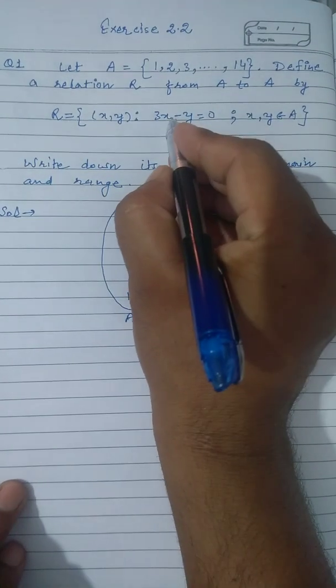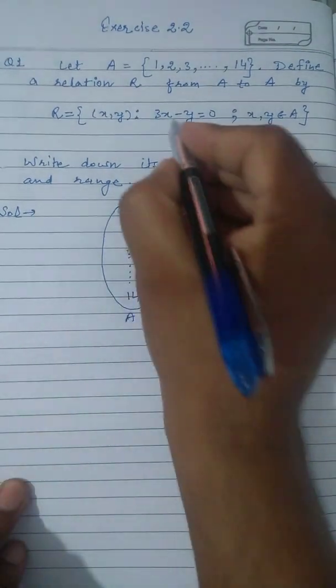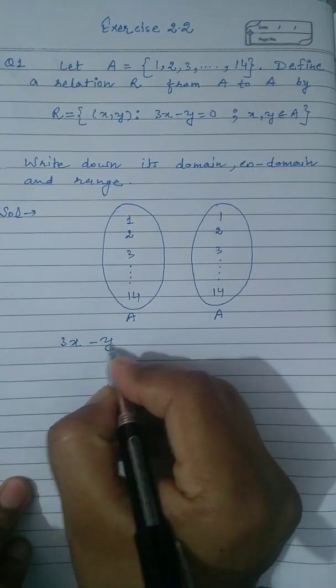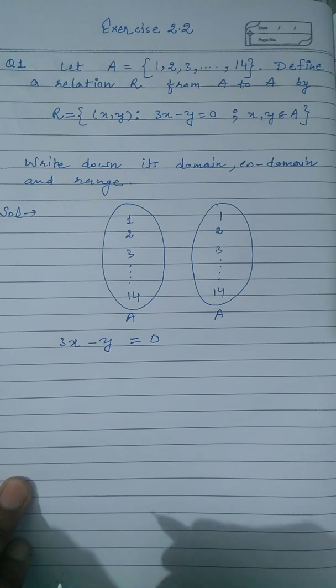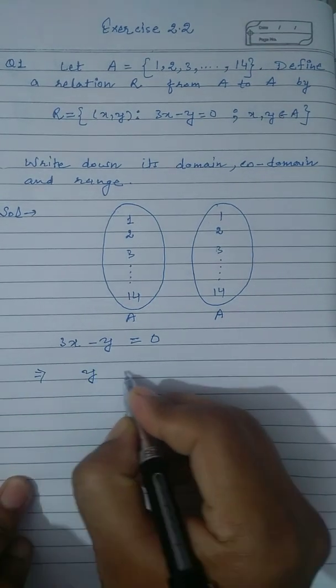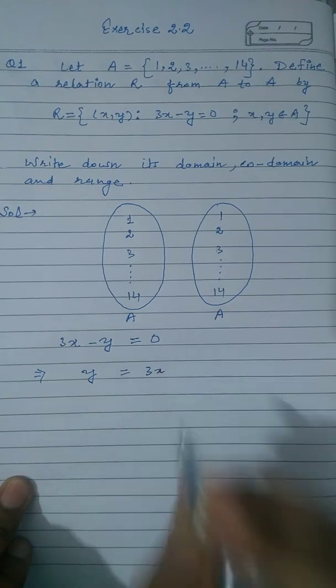So first of all, what is R, what is the condition? 3x - y = 0. This means y = 3x.